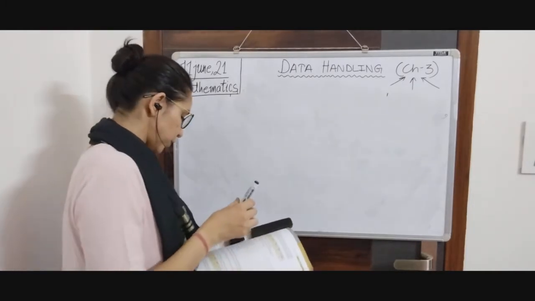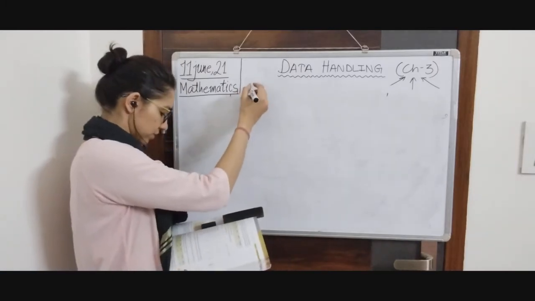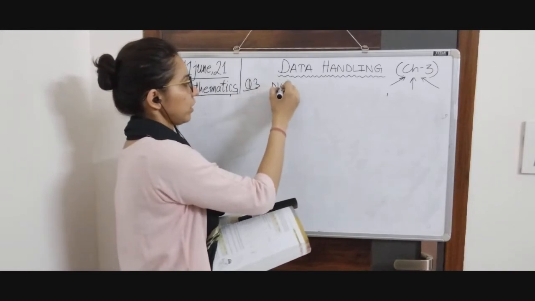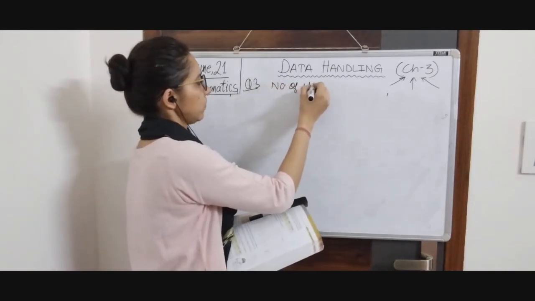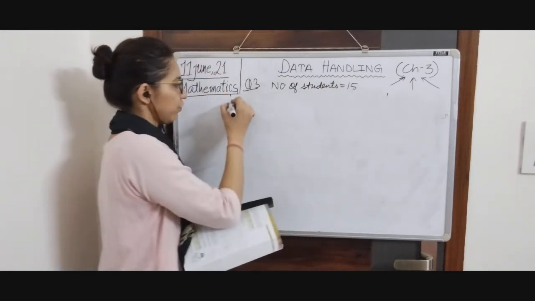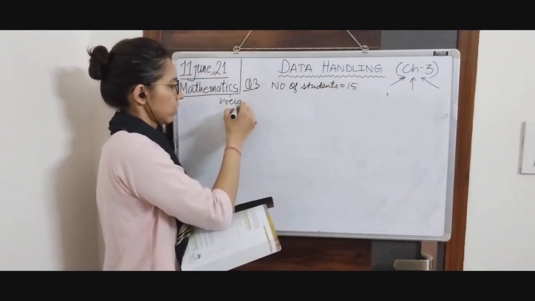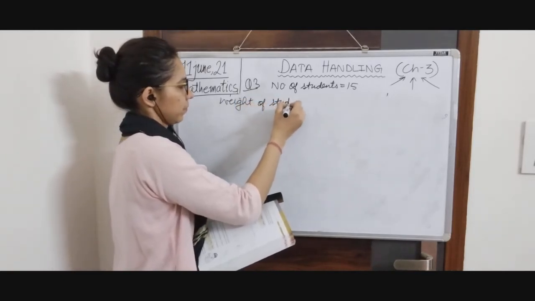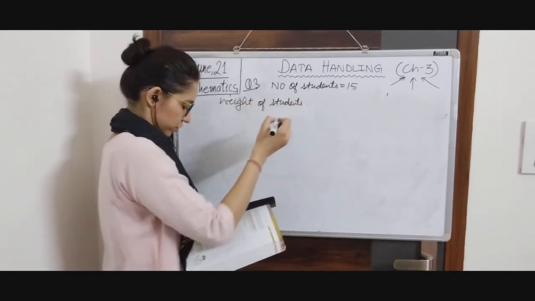Question 3 is the weight of 15 students in a class. Number of students is equal to 15 and the weights of the students are as follows.